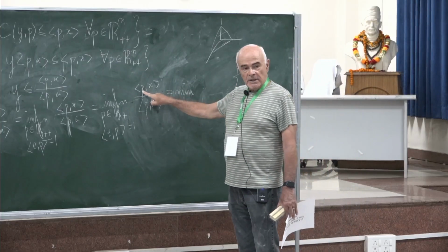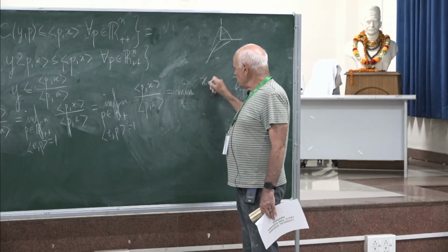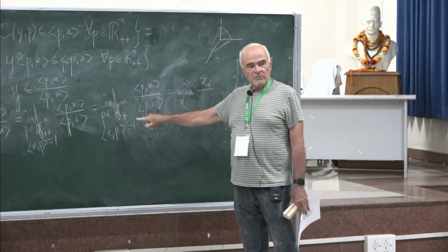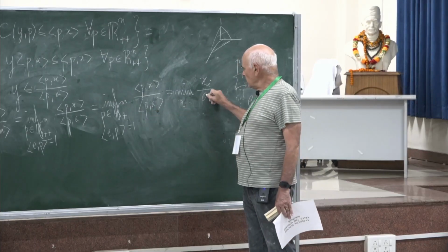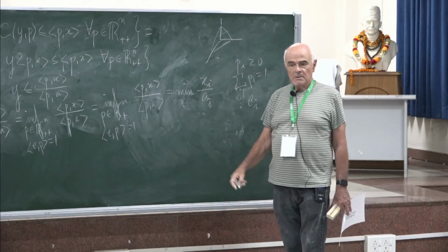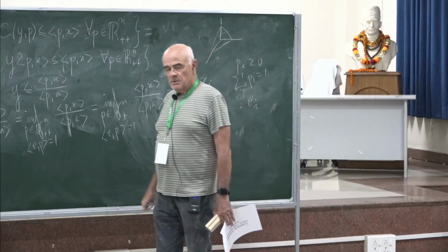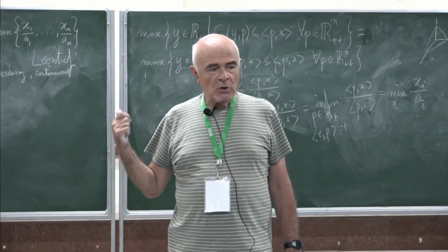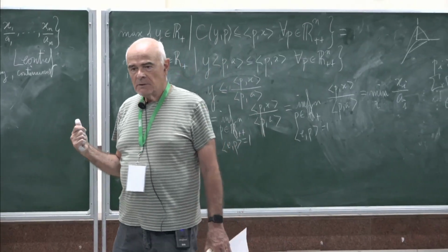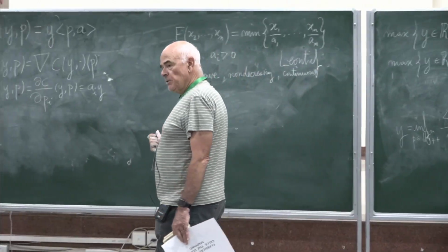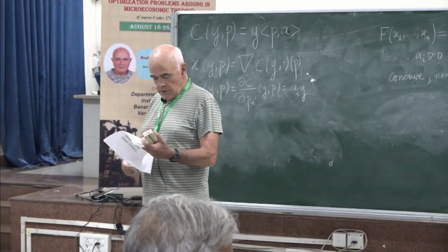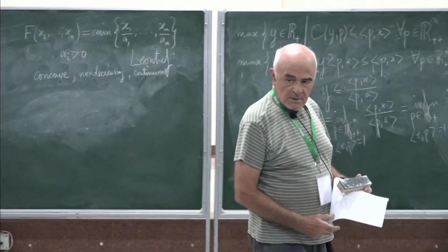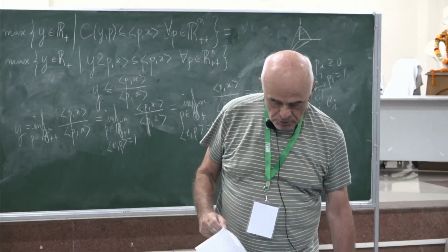And at vector ei, the numerator is xi. And at vector ei, the denominator is ai. So this is the Leontief production function. We knew that we should be able to recover it from the cost function, because this Leontief production function has all the nice properties that a production function should have.